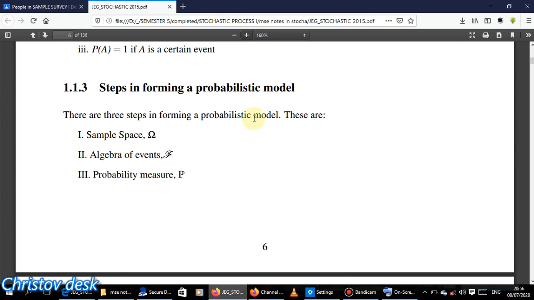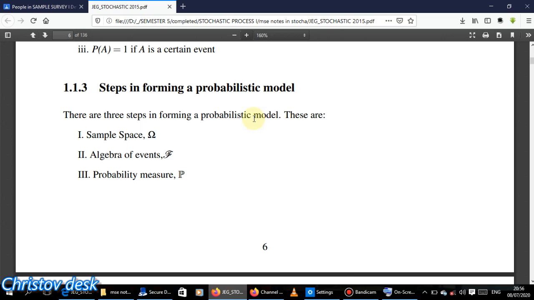The first thing is your sample space. Make sure you know your sample space, you know where your outcomes are coming from. And then the algebra of events. Know all the possible sigma algebras, and then know the probability measures.